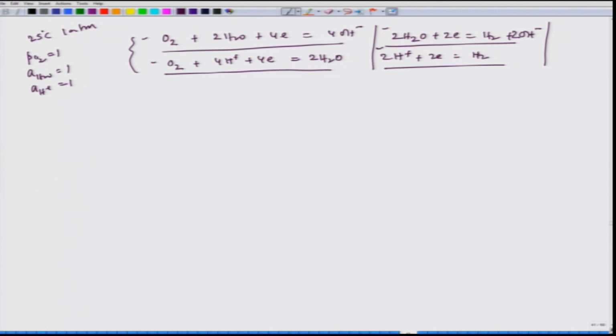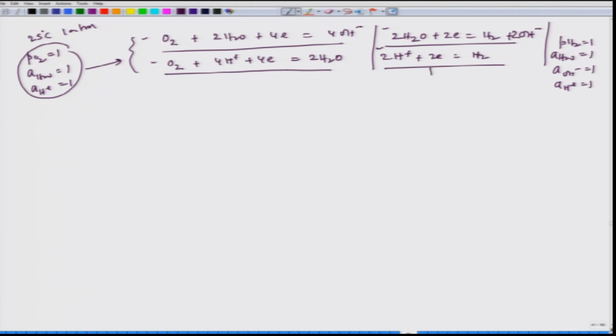Similarly, in the other case these conditions should prevail: pH2 should be 1, activity of OH minus would be 1 and activity of H plus would be 1. Then we can get standard reduction potential for these reactions.